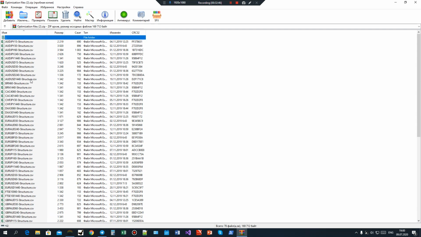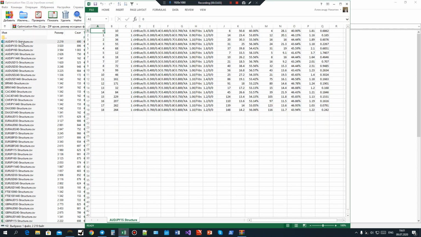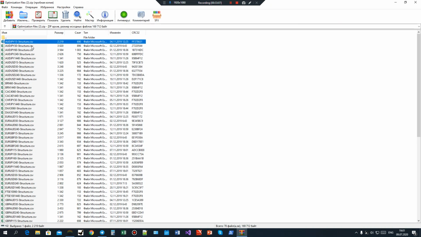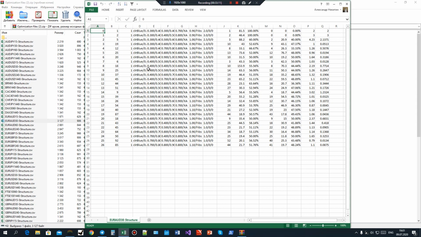I just don't use them anymore because they are the results of backtest of 2019. I don't use them anymore, but they have lots of patterns in every file. So if we open here, we have this kind of recommendations. If we open this, we have this kind of recommendations.